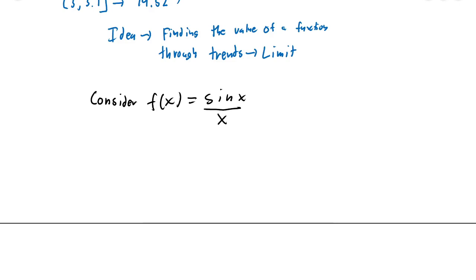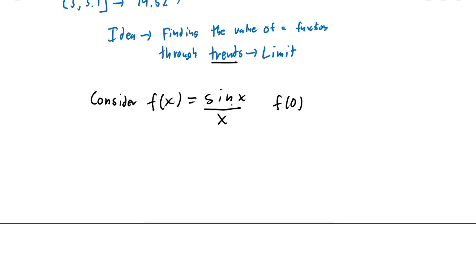If, for example, we were to consider f of x equal to sine x over x, we're going to deal with a completely different problem. It has nothing to do with finding an instantaneous rate of change, but we're still going to have this issue of directly evaluating, and I say that because you can't, it's still going to be undefined, when trying to evaluate this function at 0.